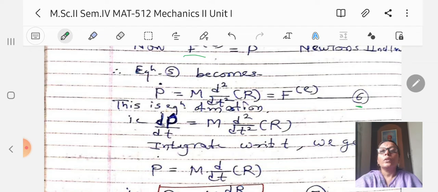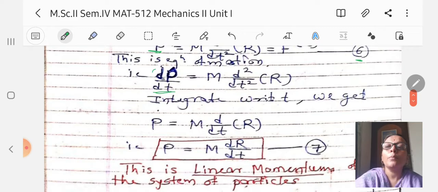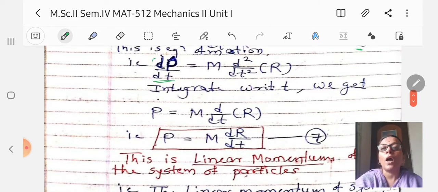Now this is called the equation of motion. Here we can write P dot as dp by dt equal to m d square by dt square of r. Integrate this with respect to t, when the derivative gets cancelled on both sides. Therefore we can write P equal to m d by dt of r, that is P equal to m dr by dt.